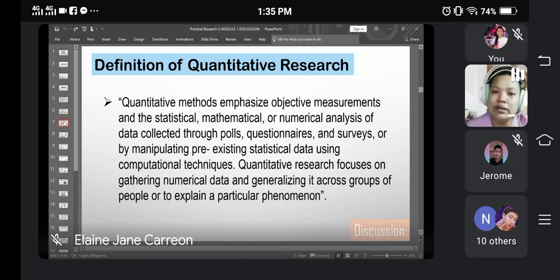So in quantitative research, it uses mathematical, statistical, and numerical analysis. Paano? By interpreting the collected data. Paano ka magko-collect ng data? Polls, questionnaires, surveys, or by manipulating pre-existing statistical data. So it uses scientific methods so that you can come up with a very good study. In quantitative research, you are looking for patterns. Okay? So the more respondents you have, the better the result.